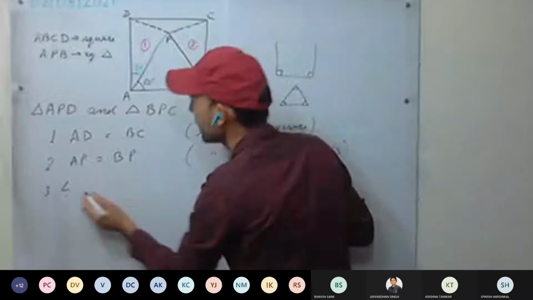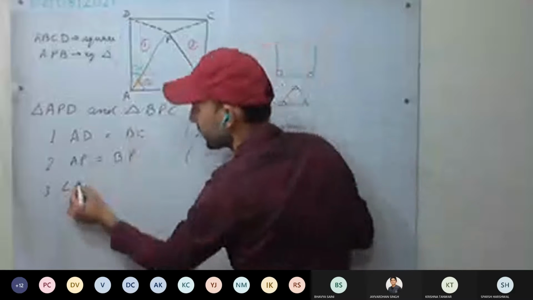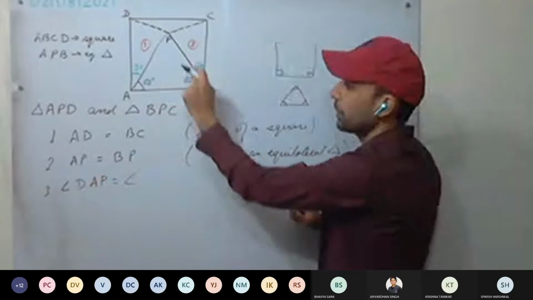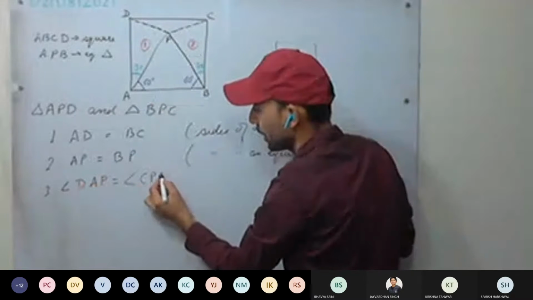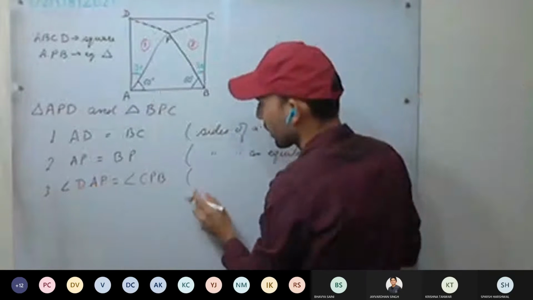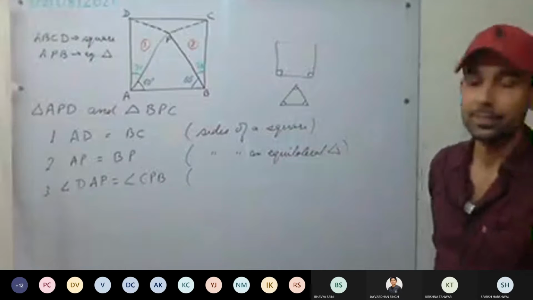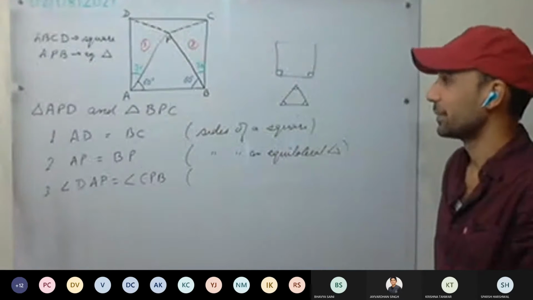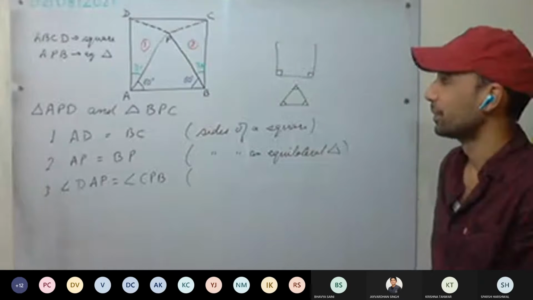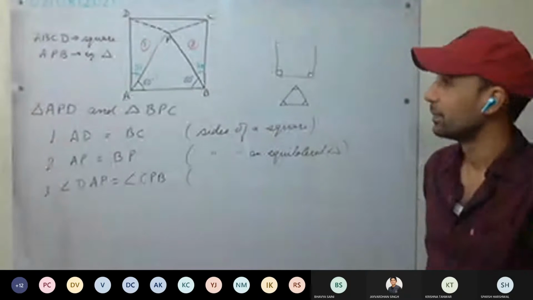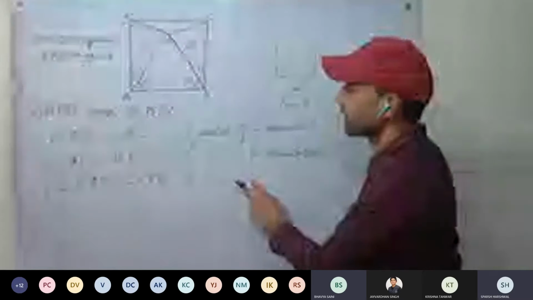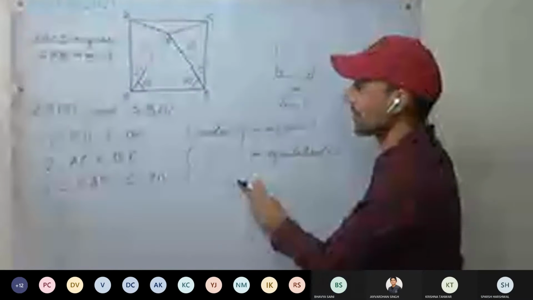So third, we can prove angle DAP equal to angle CBP. Have you all understood? So what reason will you write?